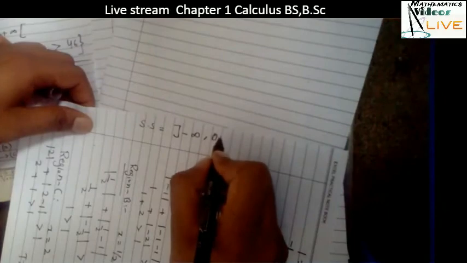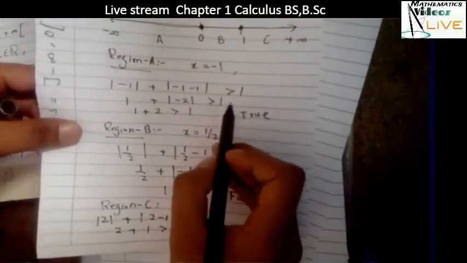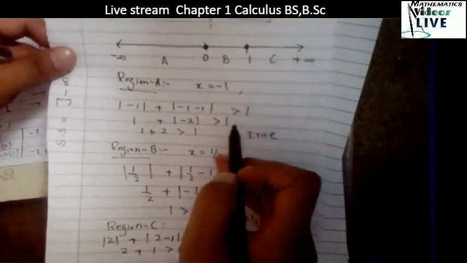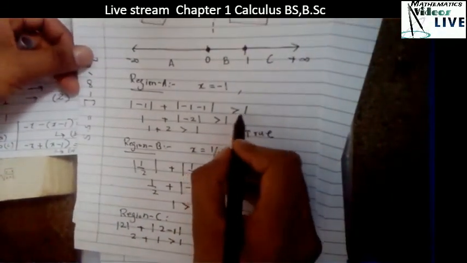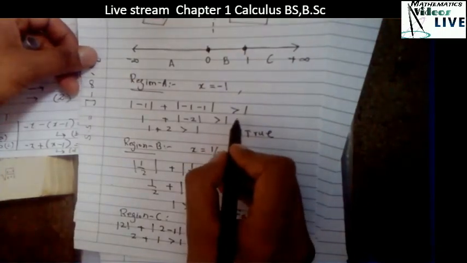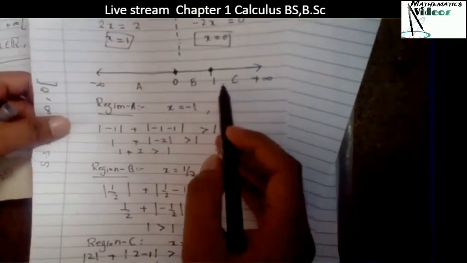One is the region A, which starts from minus infinity and ends at 0, and the second one is the region C that starts from 1 to positive infinity, and therefore your solution set is equal to 2 intervals.